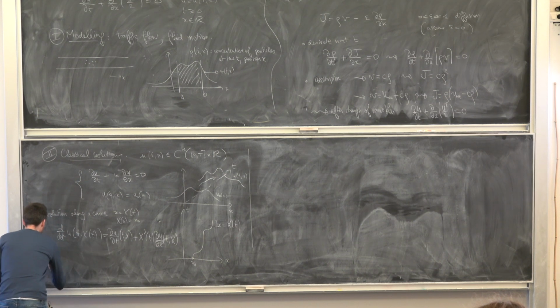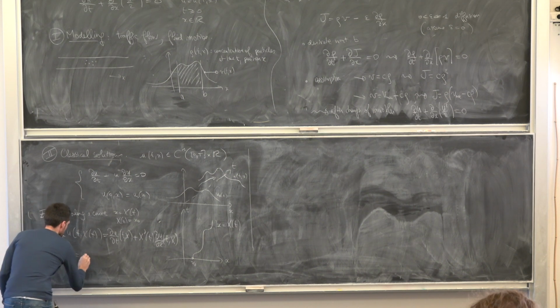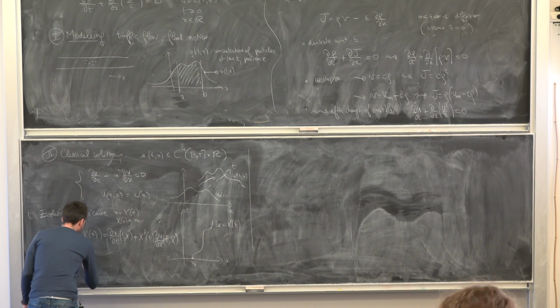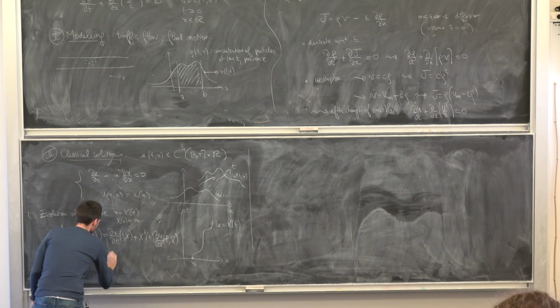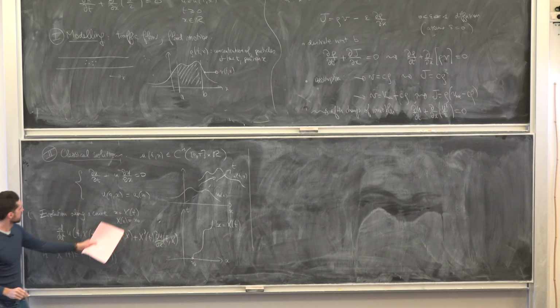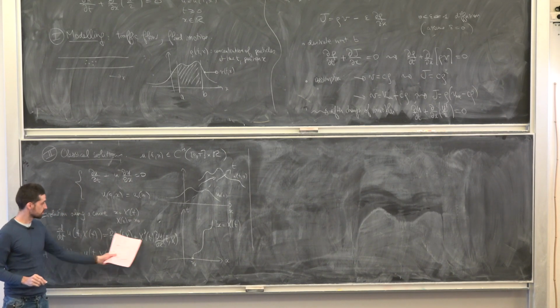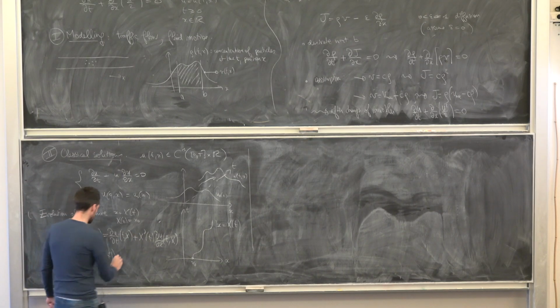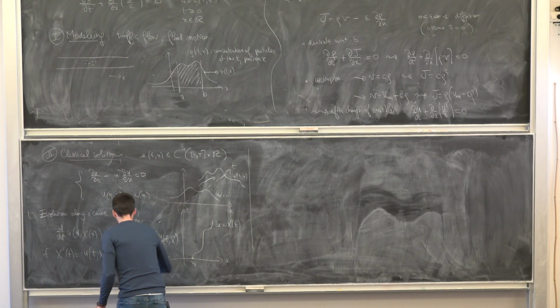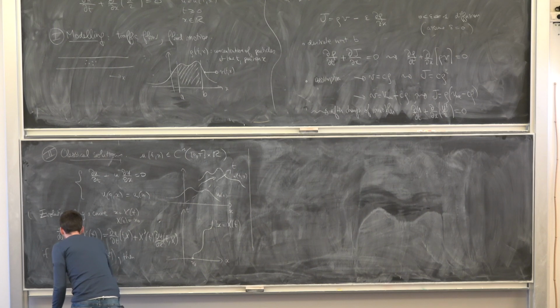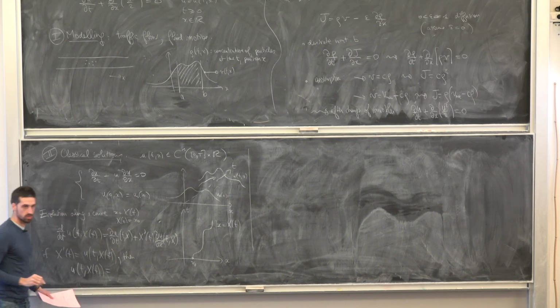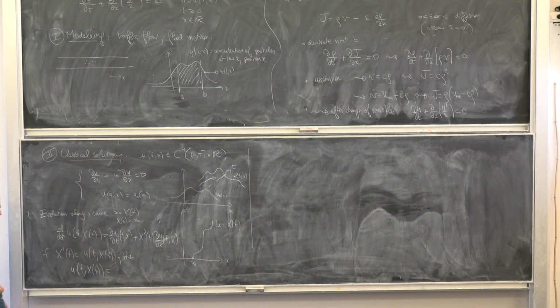So if x'(t) is equal to u(t, x(t)), then I can use my equation, and this is simply 0. Okay, very nice. So u(t, x(t)) is just going to be constant, equal to its value at time 0.